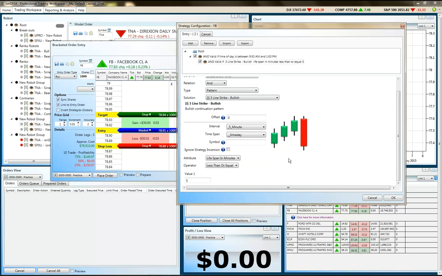So let's stop there for a second and understand what that means. When IonDesk sees this pattern, these 3 bullish bars and 1 long, not necessarily engulfing, but a long red bar, it will fire a signal. And so this signal has a time length.